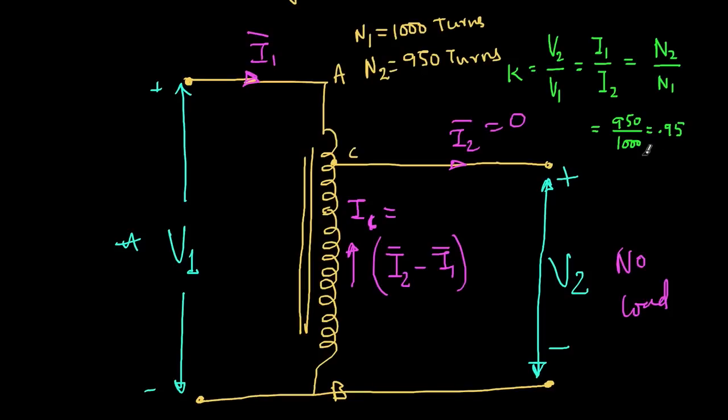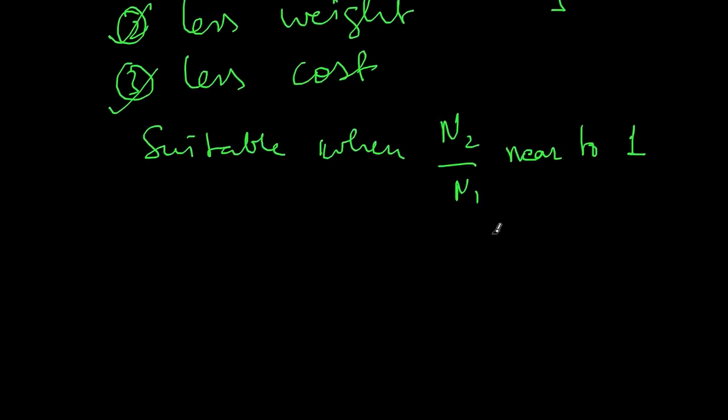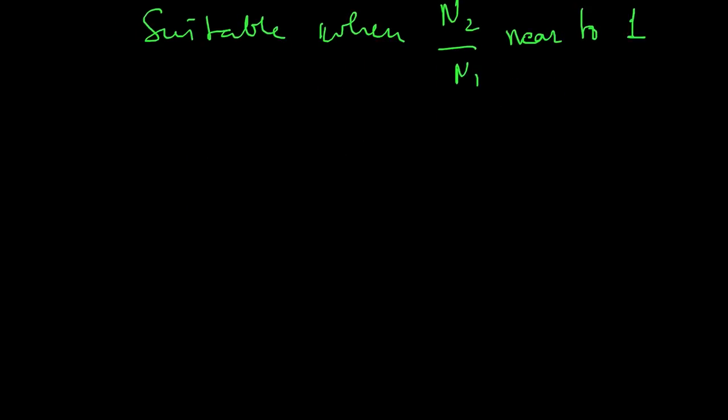So now let's see how it will help. The way it will help is it is doing the regular job compared to the two winding transformer. How it will help, for that I need to write something like this.